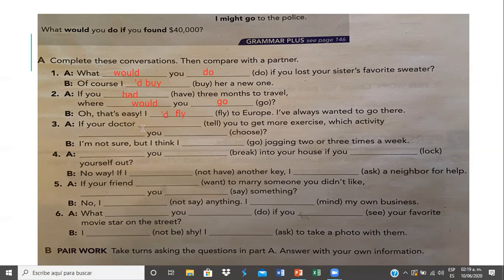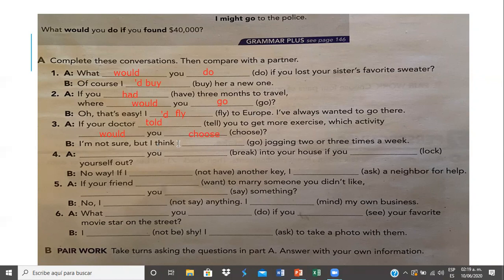Number 3, if your doctor told you to get more exercise, again, if part, verb in past. If your doctor told you to get more exercise, which activity would you choose?